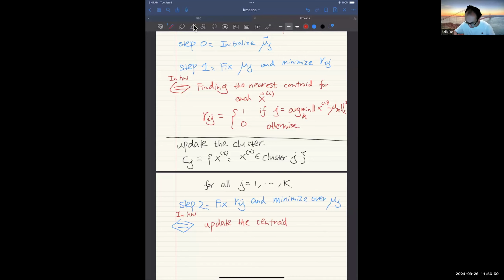accordingly: mu j is equal to the sum of Rij x of I divided by the sum of Rij. You can prove that we actually update this centroid mu j accordingly.